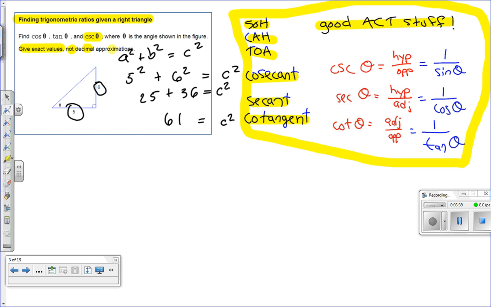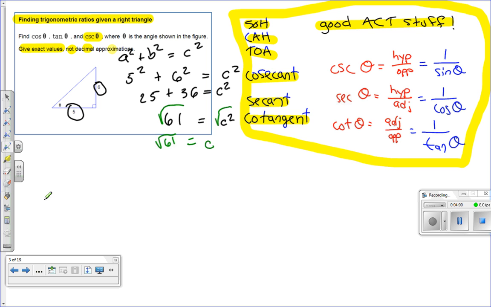Well, to get what c is equal to, now I'm actually going to take the square root of c squared, which is going to give me c is equal to square root of 61. And yeah, it is plus or minus, but minus doesn't make sense in this context. So it's going to be the square root of 61, okay?